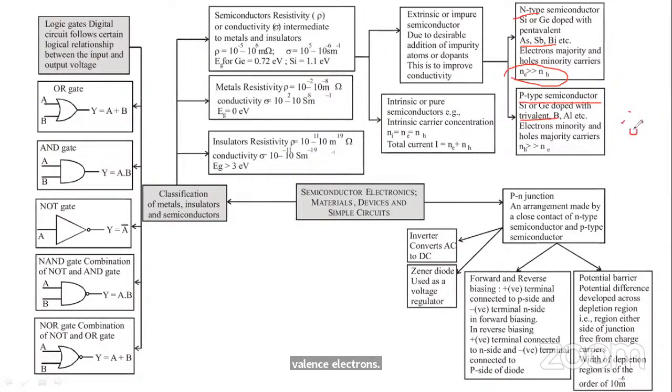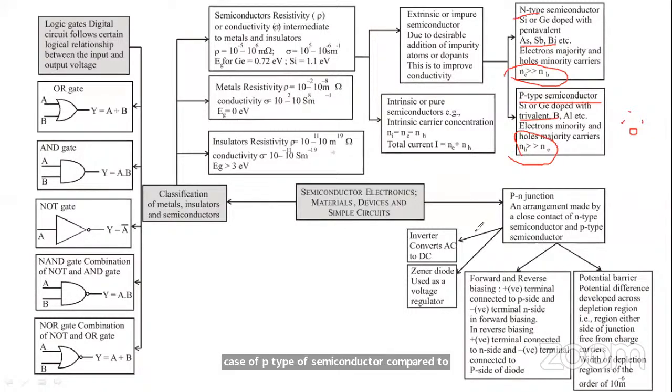That missing valence electron we call a hole, meaning there is a scarcity of electrons, so it is positively charged. This indicates that the number of holes is greater in a P type semiconductor compared to an N type.